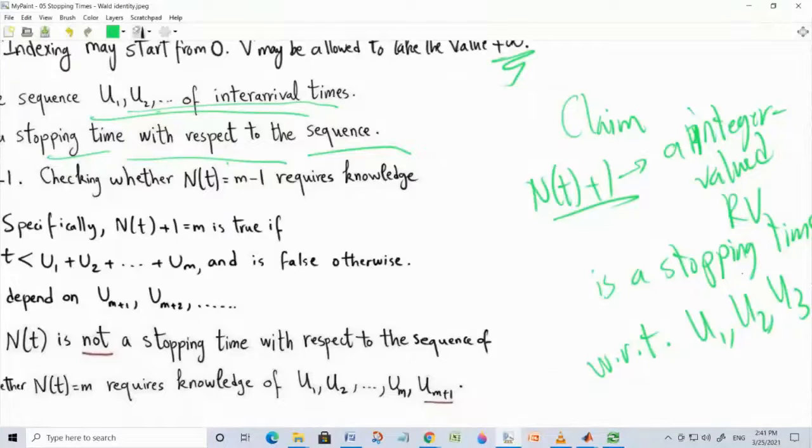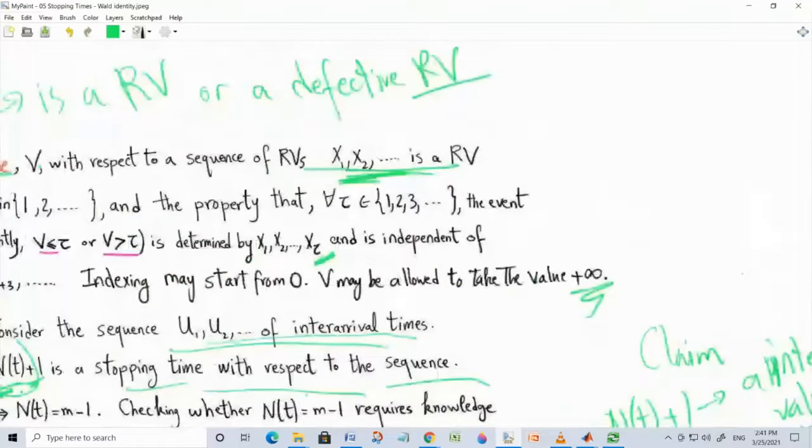Why? And why N of t plus 1? Why not just N of t? The idea is to do the test of stopping time.